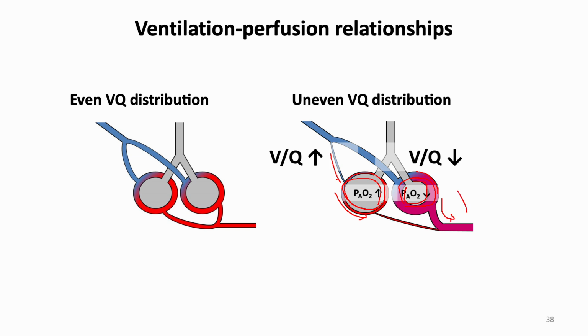So this area here contributes more to the blood leaving the lungs, and thus the blood that ultimately enters the systemic arterial system. Because of that, this area will pull the arterial oxygen tension down and have a significant effect on that, even though there are other areas with a high alveolar oxygen tension.